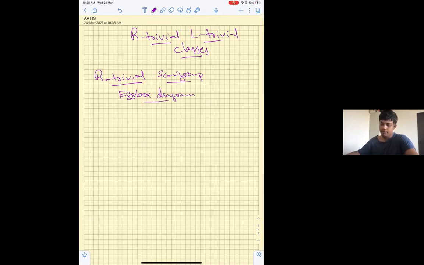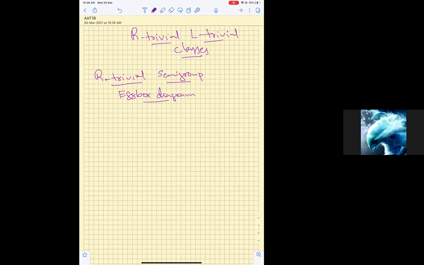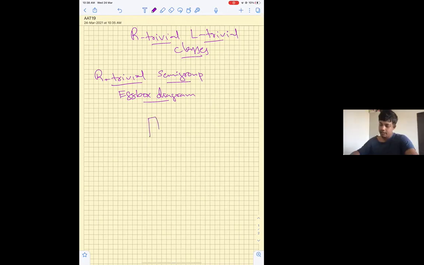Each J class will be like just a column. So for instance, this will be a J class, then there will be this, then this, and so it will be like this.